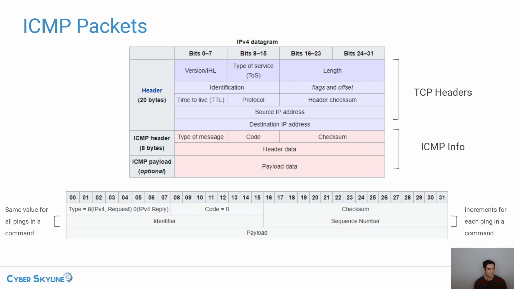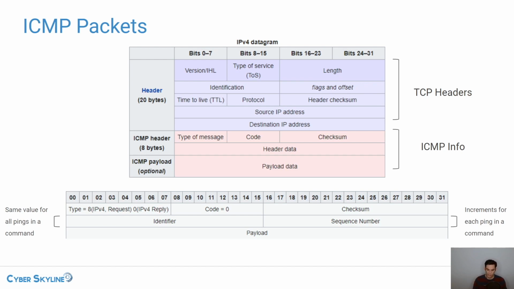Below here, I've shown how this header breaks down even further. The very first byte in the header is listed as the type of message. For our purposes today, this refers to whether the ICMP packet is a request or a reply.